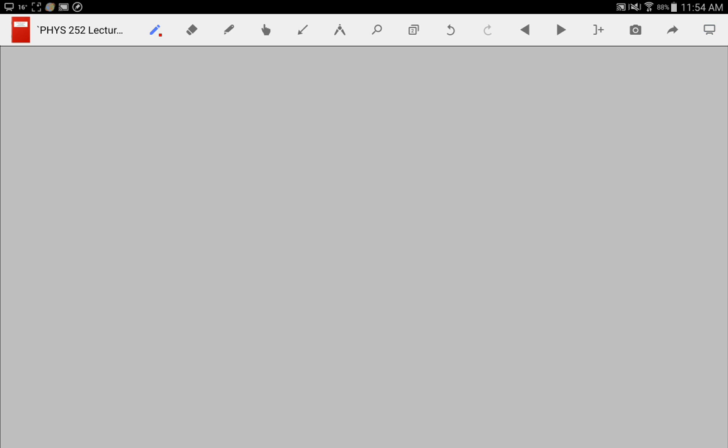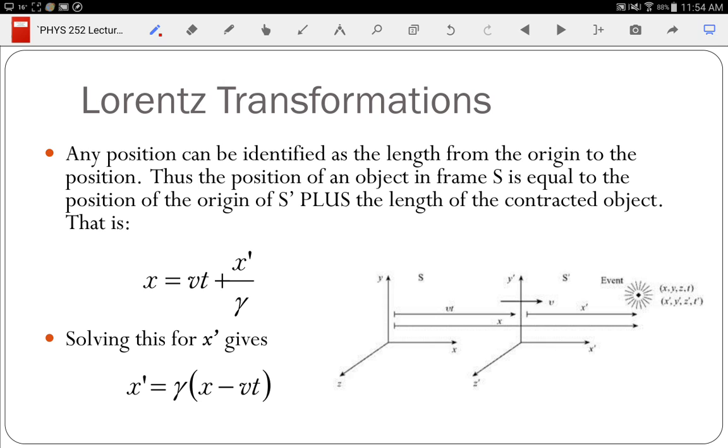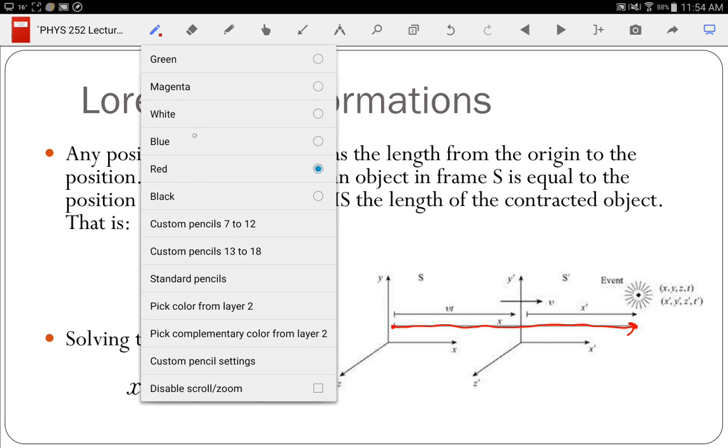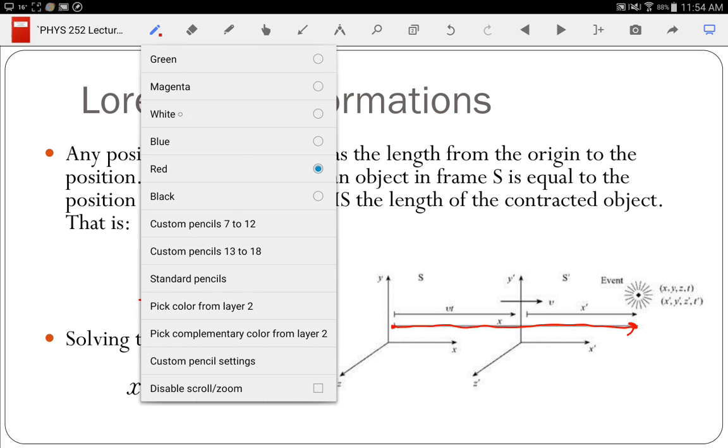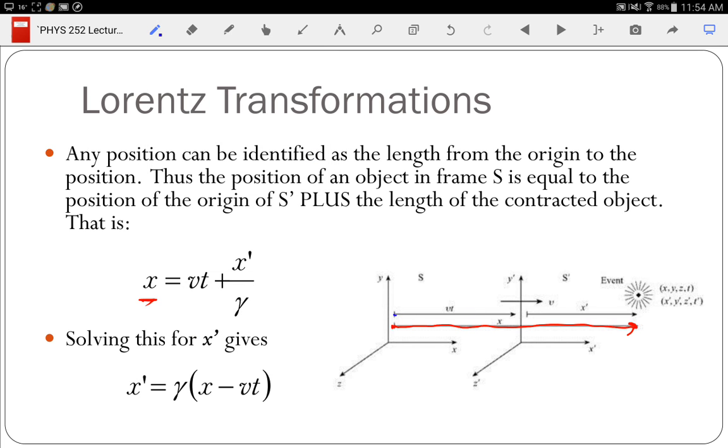That is, we know that we're going to have the length from the origin of the S frame to where some event happens, and so that's this part here that I've marked in X. It has to equal the distance that the S prime frame has moved with respect to the S frame.